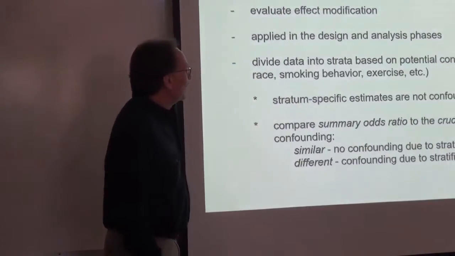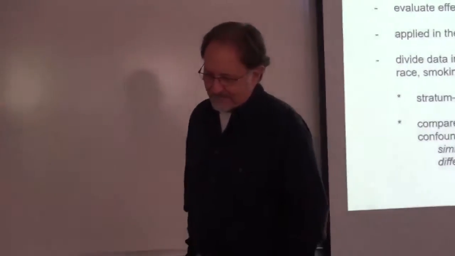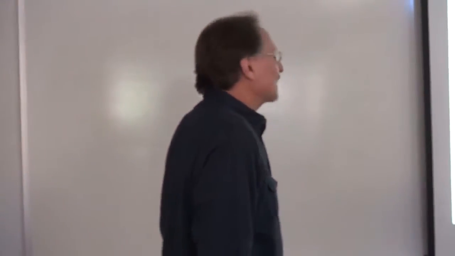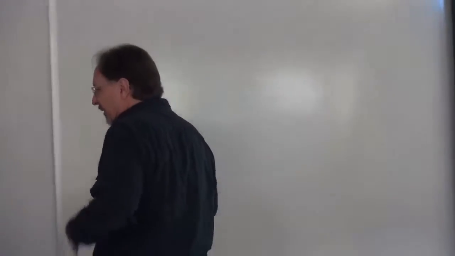And then there is also a summary odds ratio that will adjust for our stratification, and a crude odds ratio. So these are some terms that you have to keep in mind.